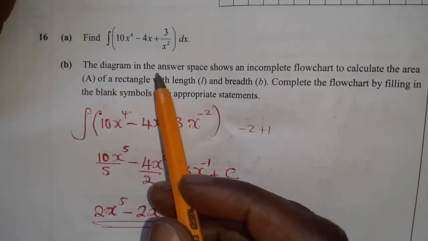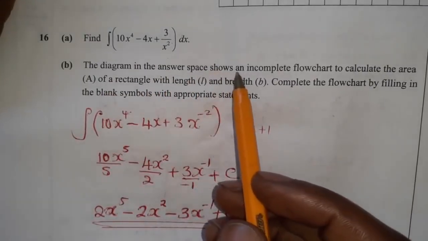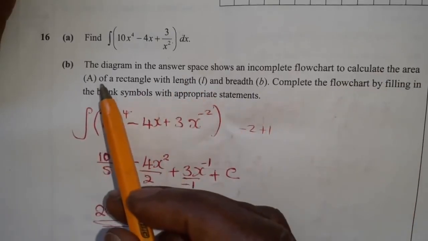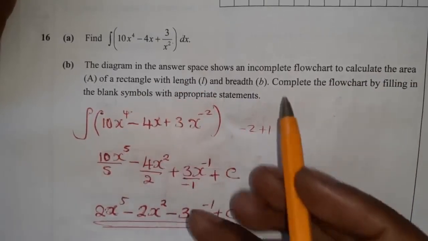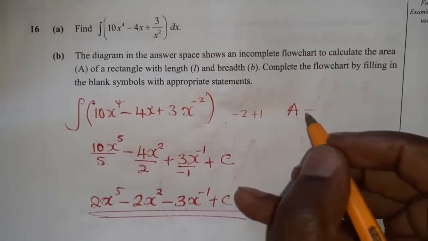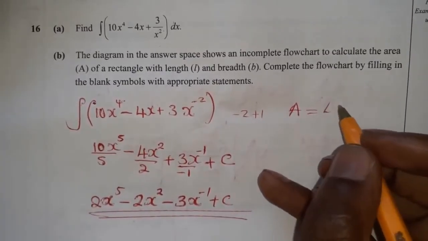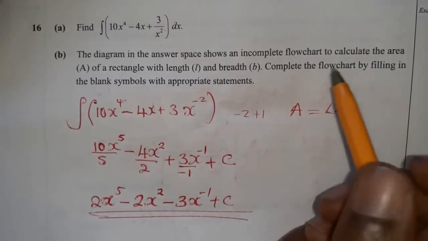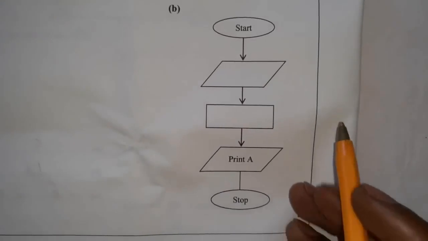The diagram in the answer space shows an incomplete flowchart to calculate the area of a rectangle. How do we calculate the area of a rectangle? A is equal to L multiplied by B. Complete the flowchart by filling in the symbols with appropriate labels. Okay, this is the flowchart.